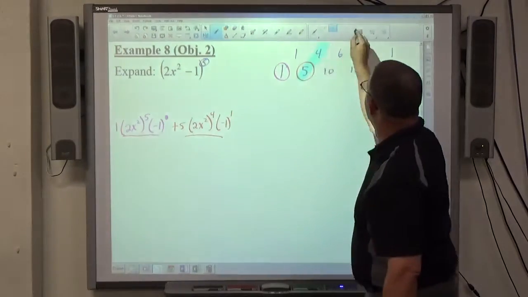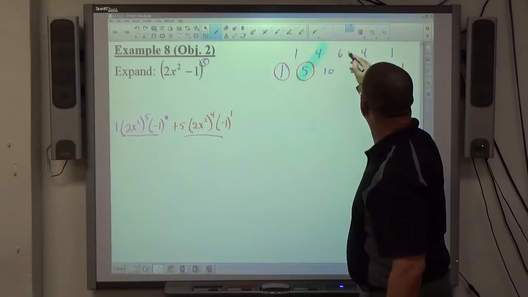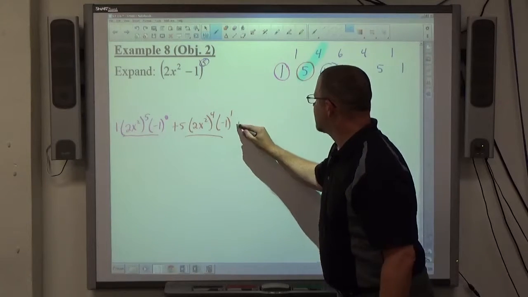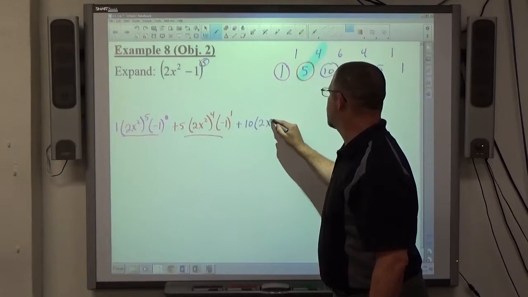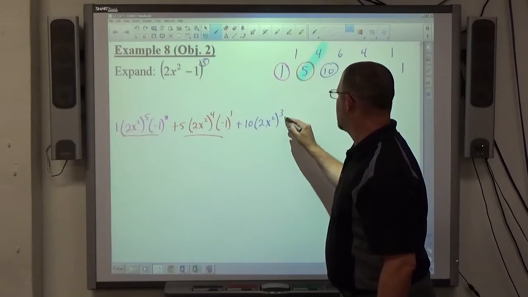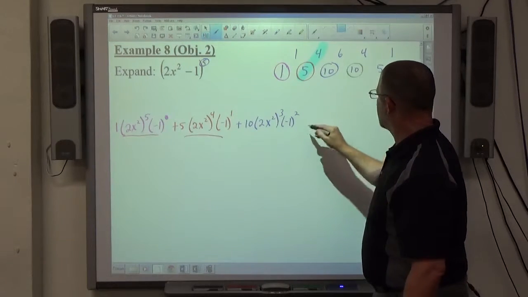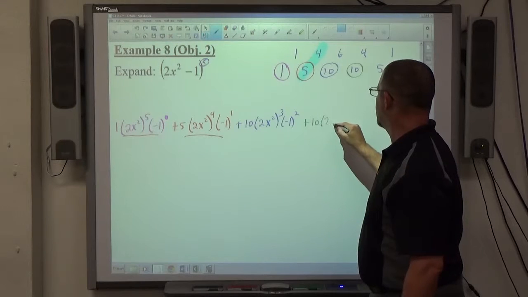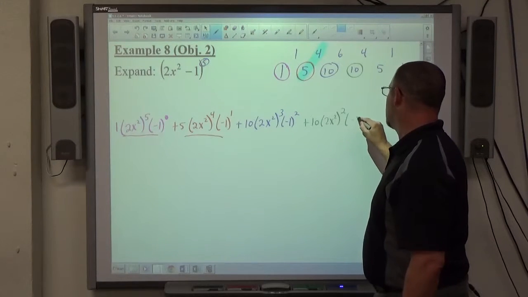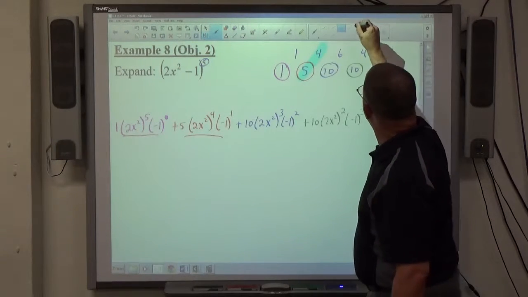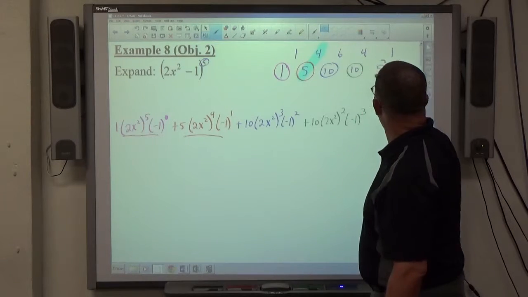All right? Next term. Let's go with blue. So we get plus 10. I'm going to do 2x squared to the 3rd, and I'm going to take negative 1 to the 2nd. Next term has a 10 again, so plus 10. I'm going to take 2x squared and negative 1 cubed. The next one is 5.